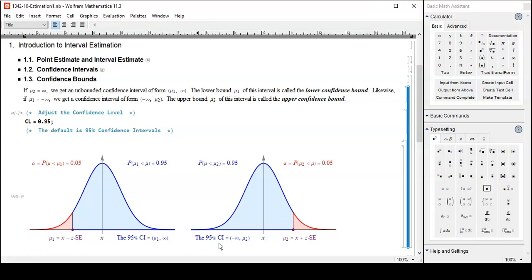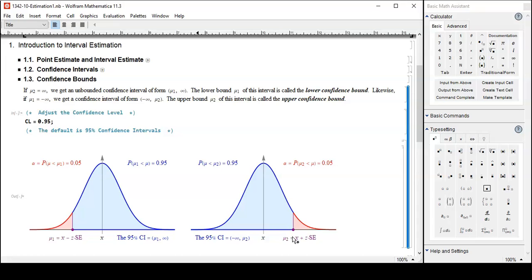So we are not looking at an interval from left-hand side to right-hand side, L to R, but we are looking for a certain number, lower confidence bound, L, or upper confidence bound, U, and that's about it.